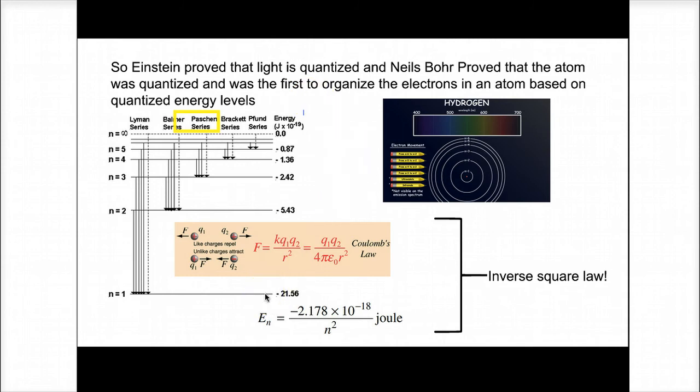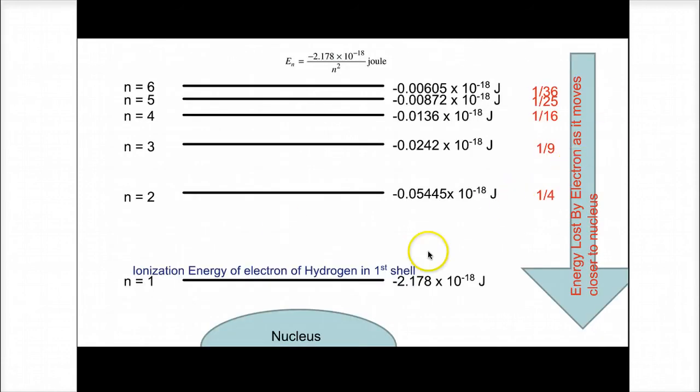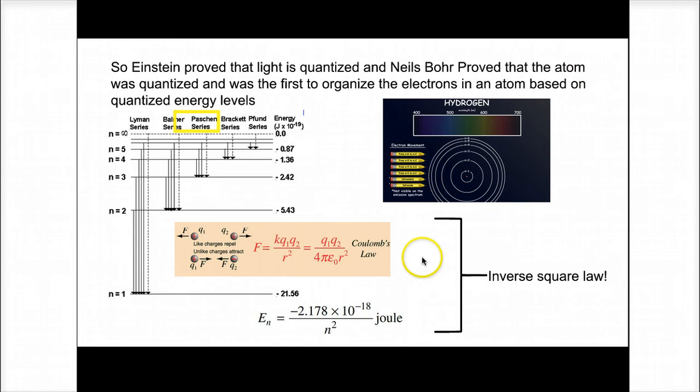And it has to lose energy, because if it has energy, it'd be able to pull away from the positive nucleus of the atom. Always think of the nucleus right here in these types of equations. All right. In any case, you can see the inverse square law at work. This number is a 4th of this number. This number is a 9th of this number, a 16th of this number, and that's because, again, of this n squared, which is really tied to the attractions of the positive to the negative.